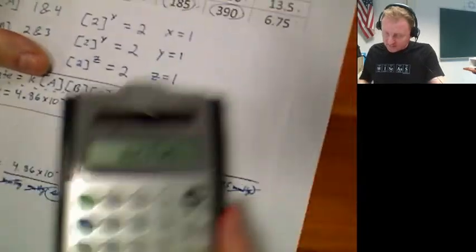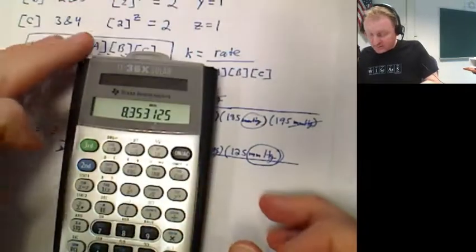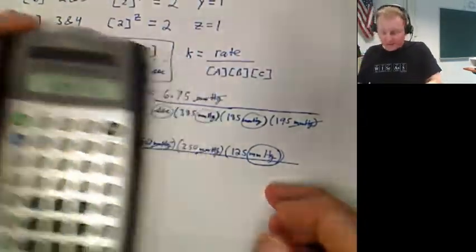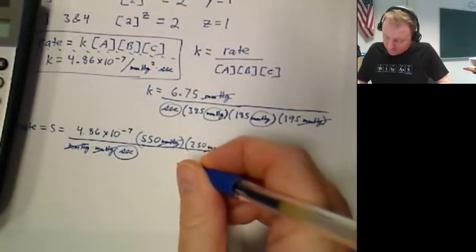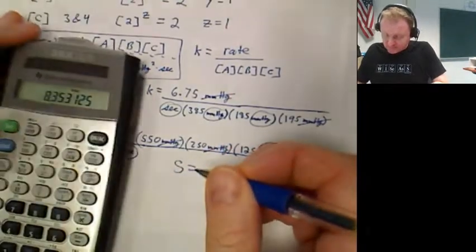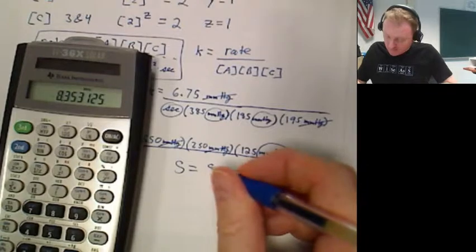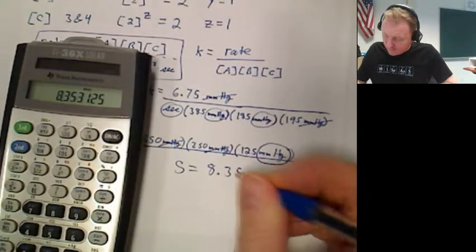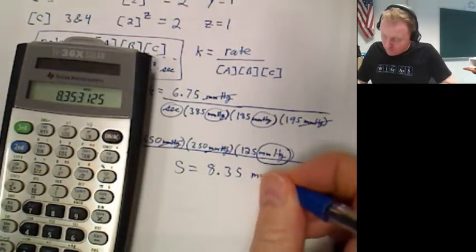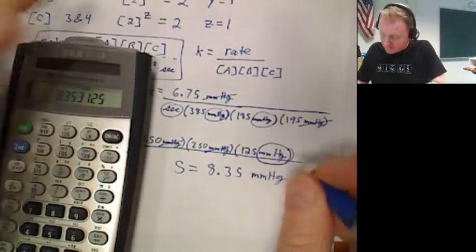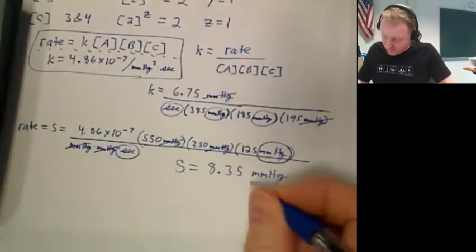So I got 8.35. S equals 8.35 millimeters of mercury, that's right here, per second.